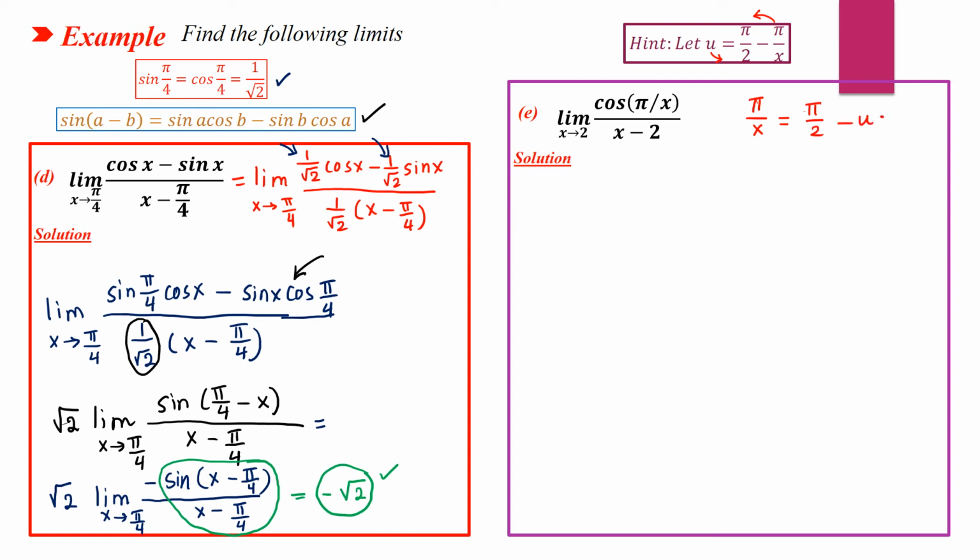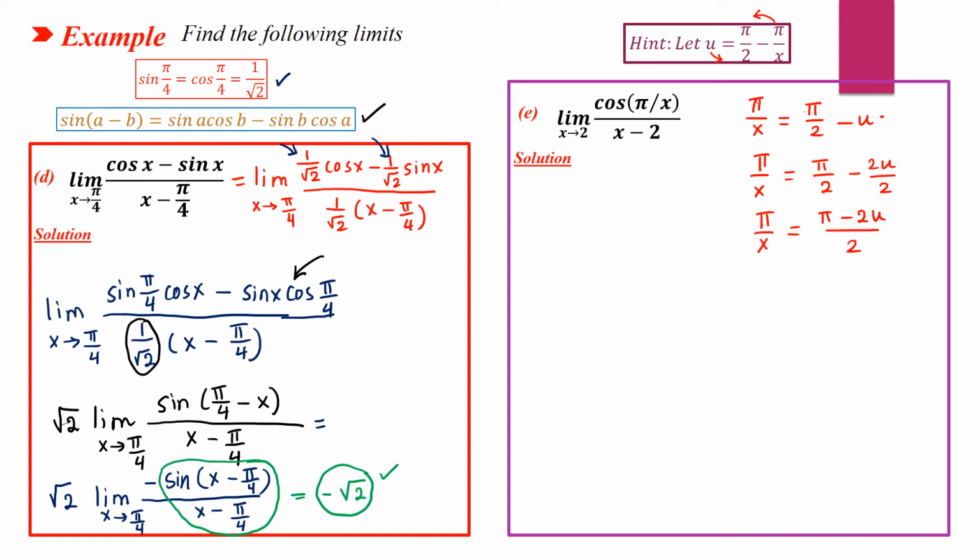In the denominator we have x, so you have to write x as a function of u. So pi over x equals pi over 2 minus u over 2. We rationalize the denominator and you will get pi over x equals pi minus 2u divided by 2u.